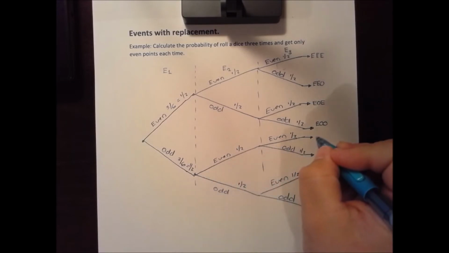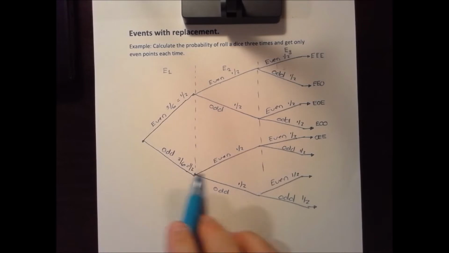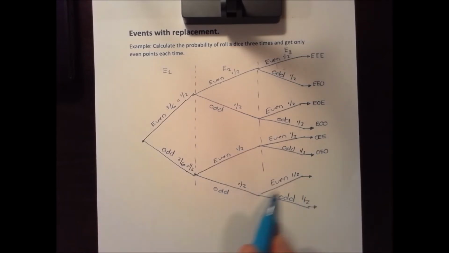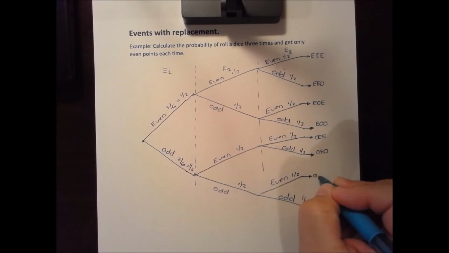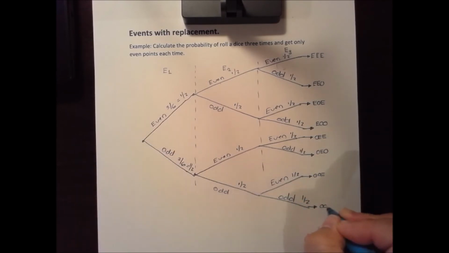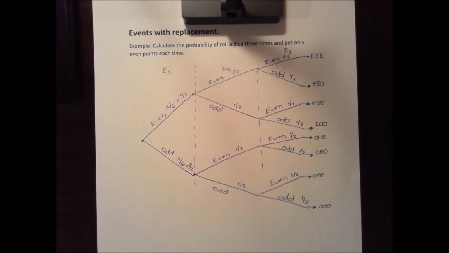Here, we're going to have odd, even, even, then odd, even, odd, then odd, odd, even, and finally odd, odd, odd. Okay? This is going to represent the sample space.